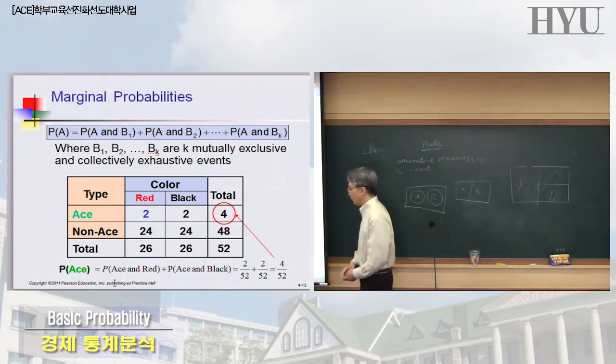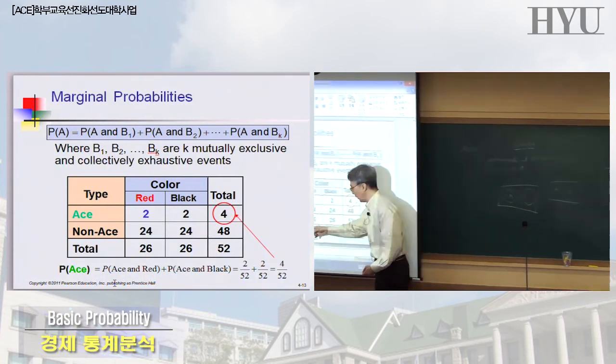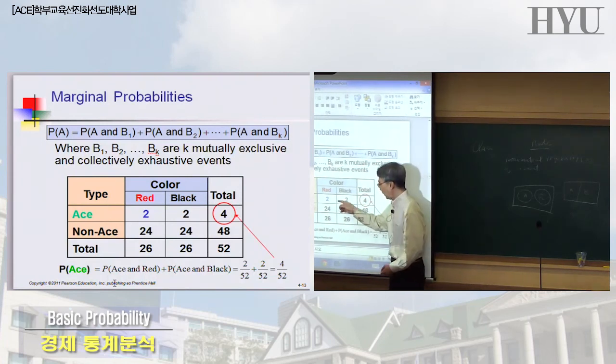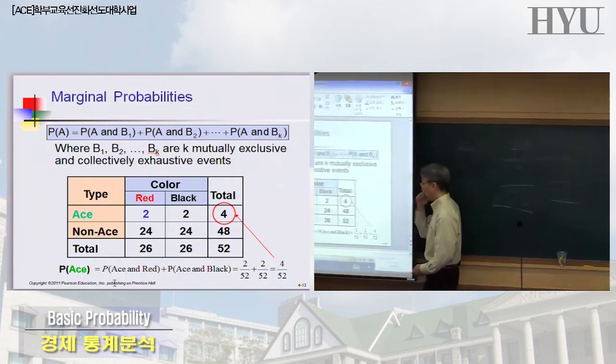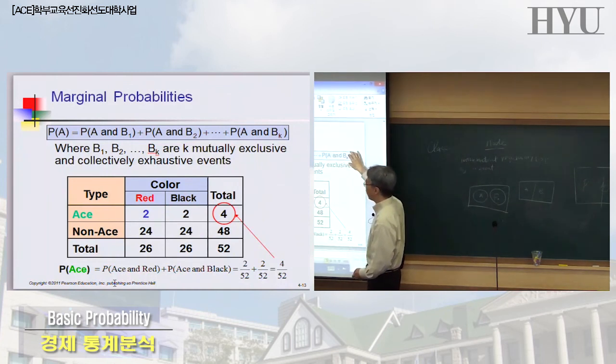Okay? So if you divide by the total, you get the simple probability of ace. That is 4 out of 52. Of course, you can also add them up, this one plus this one. So here we come up with an interesting formula.